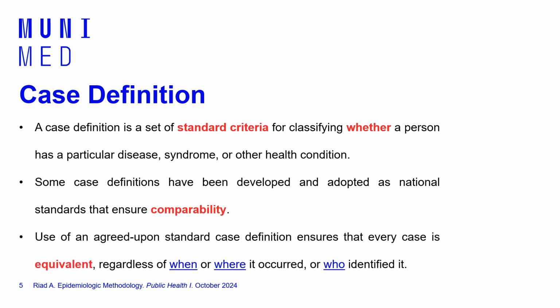And finally, these case definitions need to be equivalent as much as possible between larger places in order to facilitate, as I said earlier, counting of cases and their comparability.